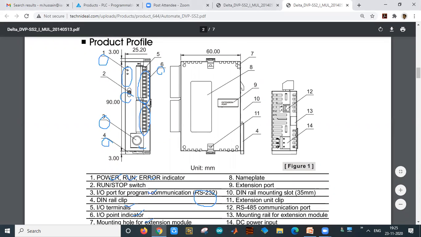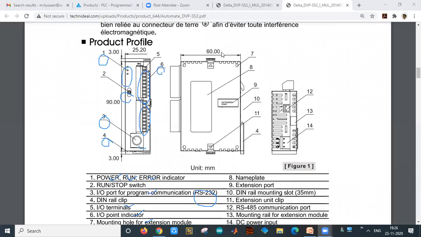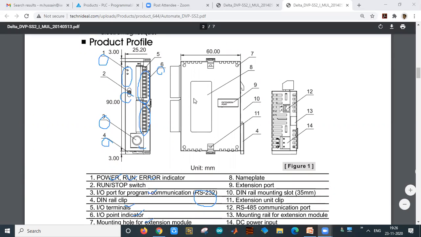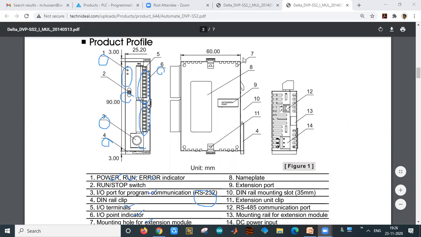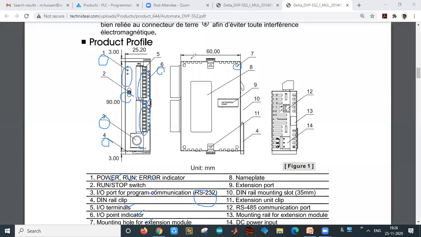Then there is a mounting hole here for the extension module. As I said, the extension module will be connected to this PLC when you need more inputs and outputs. In such a case, that extension module will be fitted through these holes, along with this extension port.